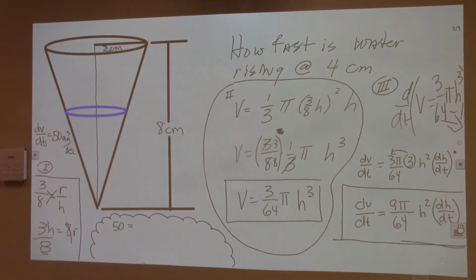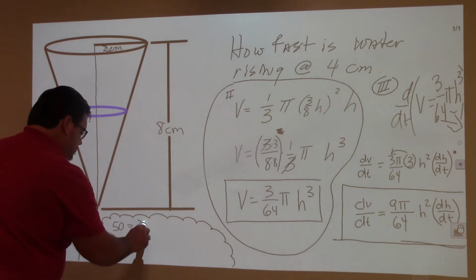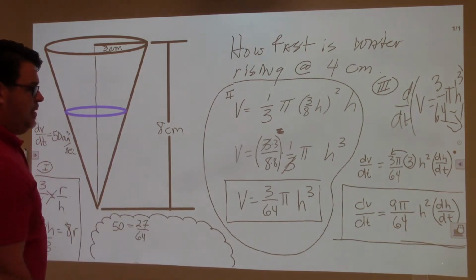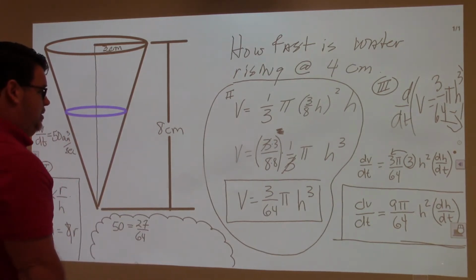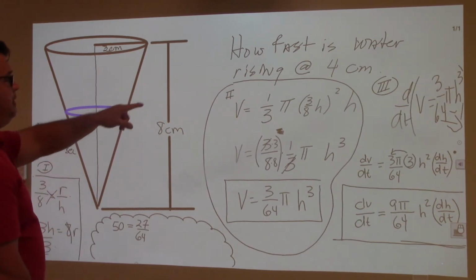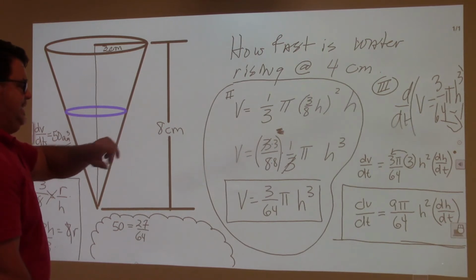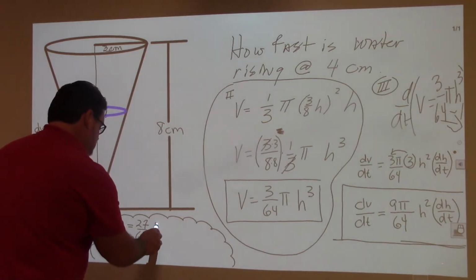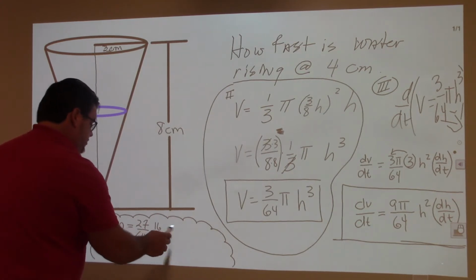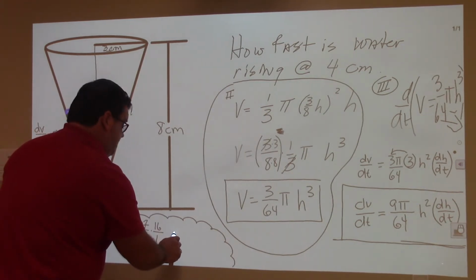Okay, 27 over 64. Now, why am I doing that? Because I don't want to use a calculator. H squared is, what's H? 4? Yeah. 4 squared is 16. Well, we're going to have to do something else here. Just hold on. dH/dt.